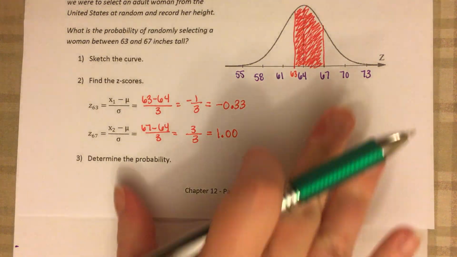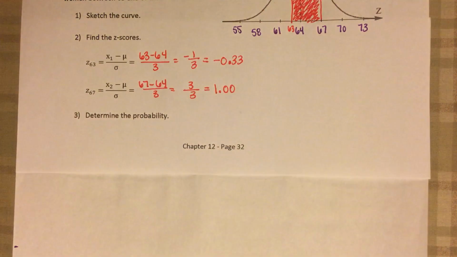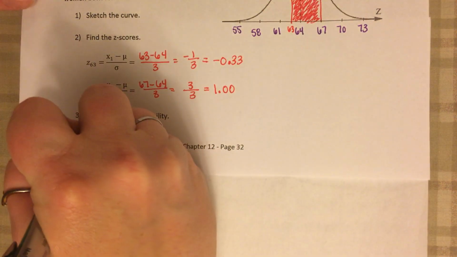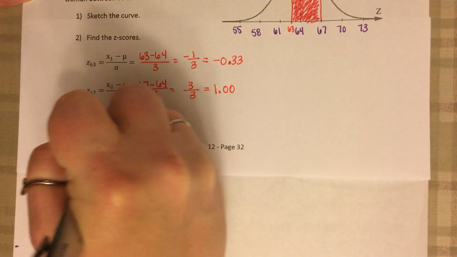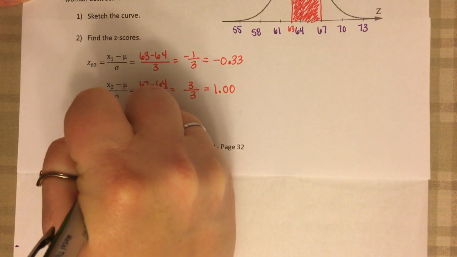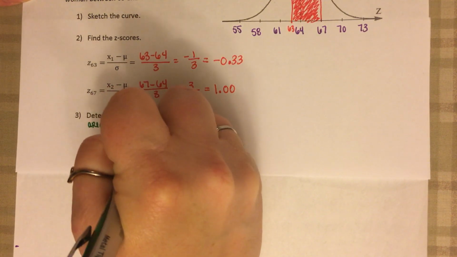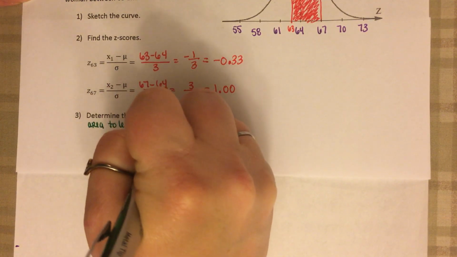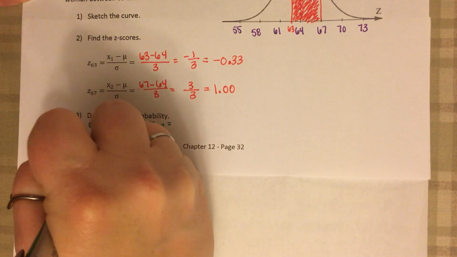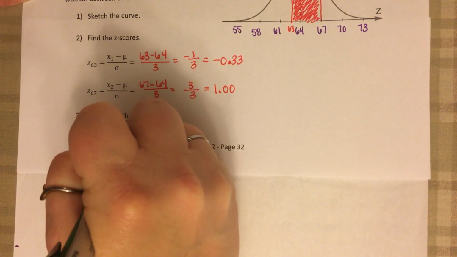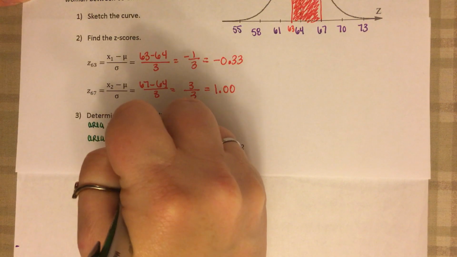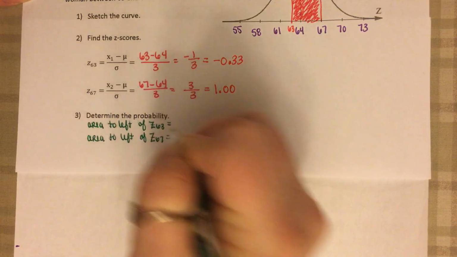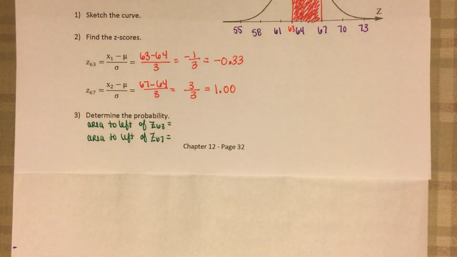All right, so now we're going to find our areas. So we're going to go to our table, and we're going to find our area to the left of Z63 and our area to the left of Z67. Okay, so Z63 is a negative 0.33.